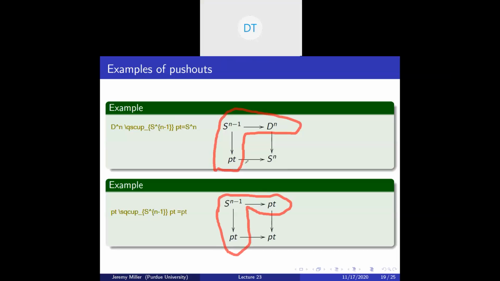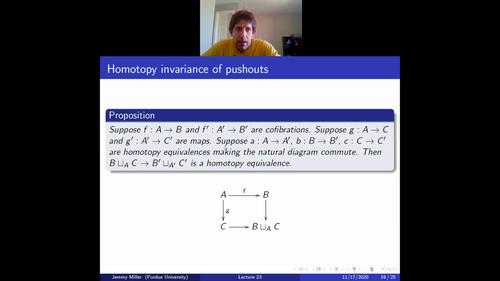If you ask what are the spaces that we formed the pushout from here, and what are the spaces we formed the pushout from here, up to homotopy they're the same: two contractible spaces and an (n-1)-sphere. But if you take the pushout, you get different things. So this is annoying. How do I know when pushouts will be homotopy invariant? And then the proposition is that, if you have... maybe I should have written the F prime version.